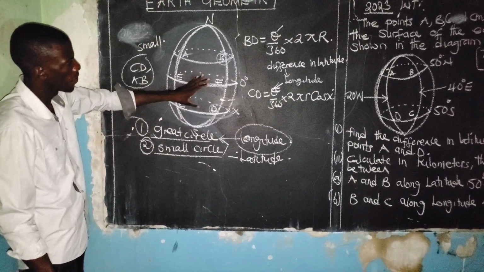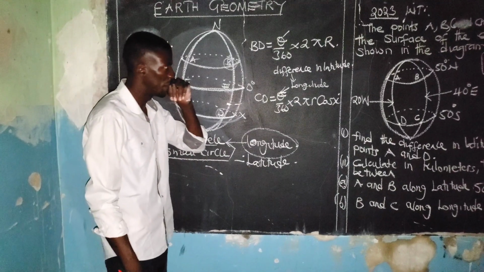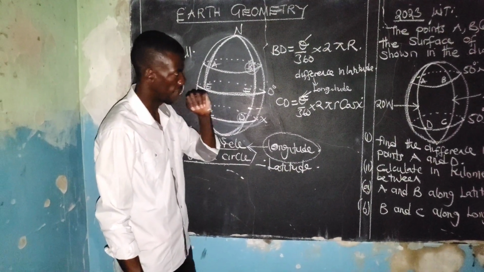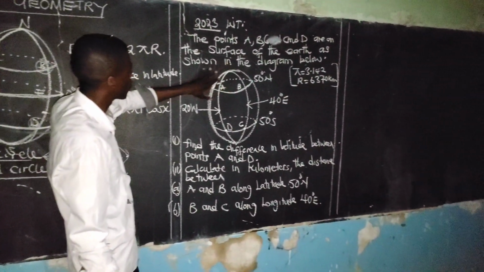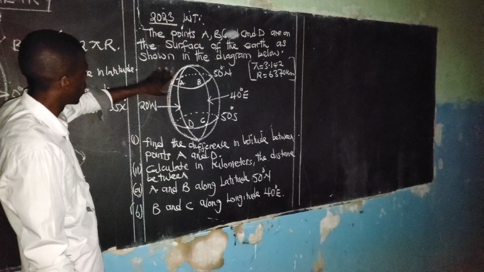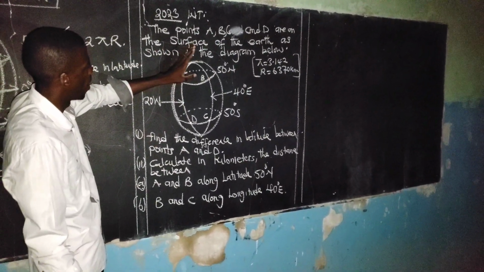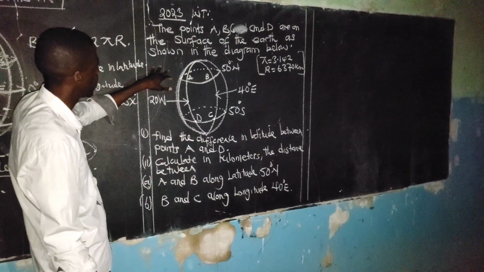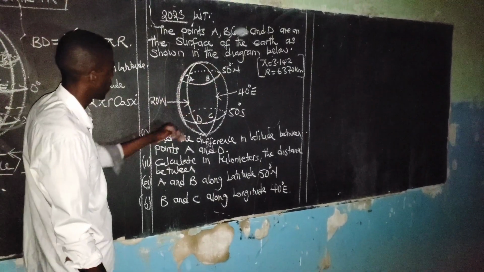Having looked at just a few hints about this, let's look at the question that came in the 2023 internal final exam. Okay, so we have this question here. The points A, B, C, and D are on the surface of the Earth, as shown in the diagram below. Of course, pi is that.